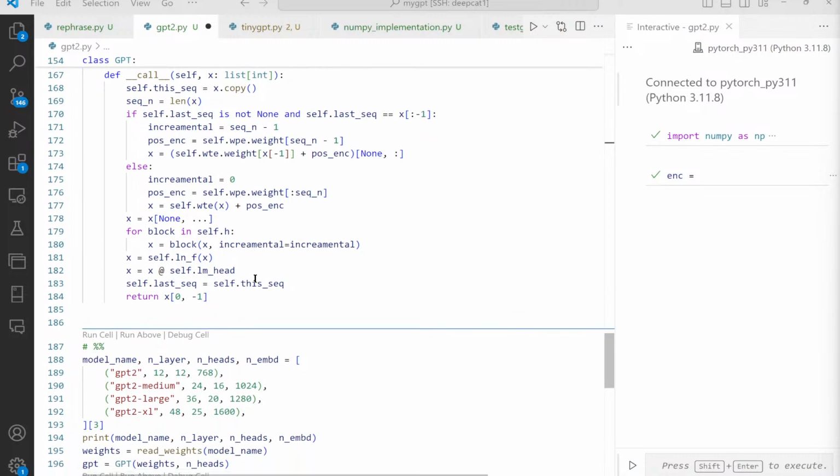Finally, after we get our final output, we put a layer normalization first.